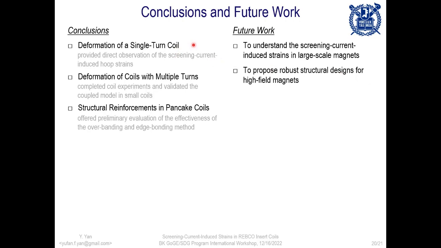And then we used a study on the deformation of coils with multiple turns to complete the coil experiment in a slightly larger scale, and then validated the coupled model in small coils. And then we offered a preliminary evaluation of the effectiveness of overbanding and the edge bonding method.